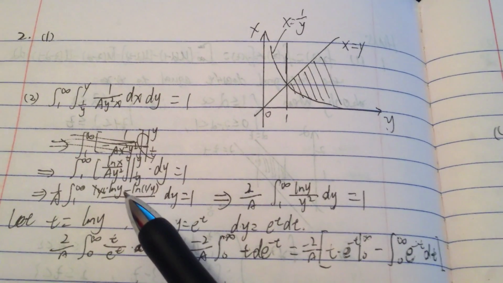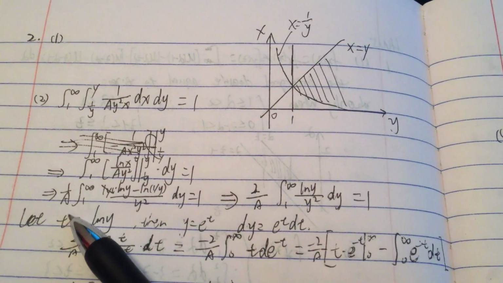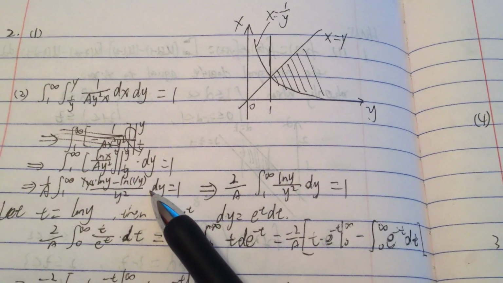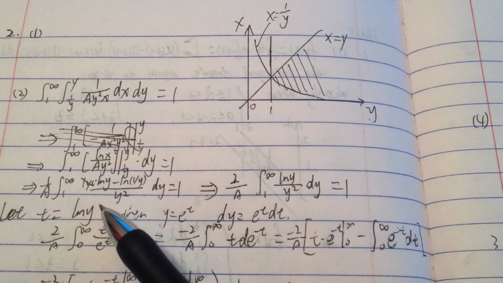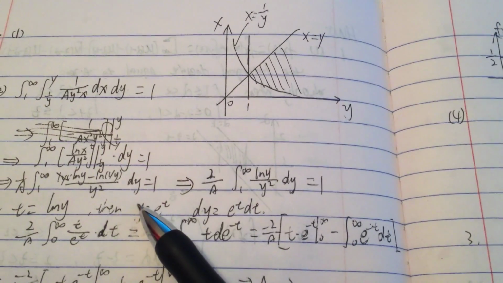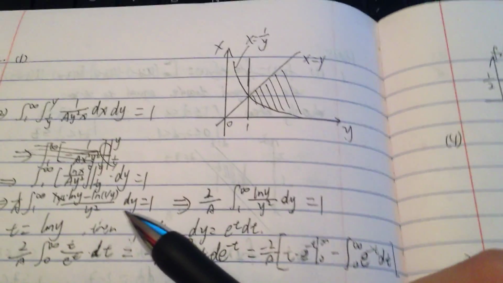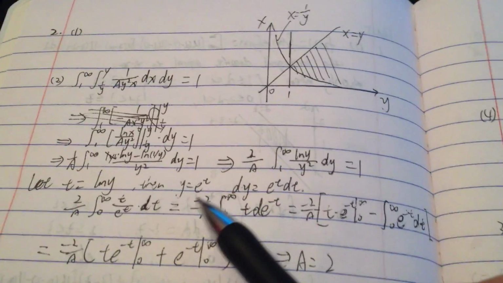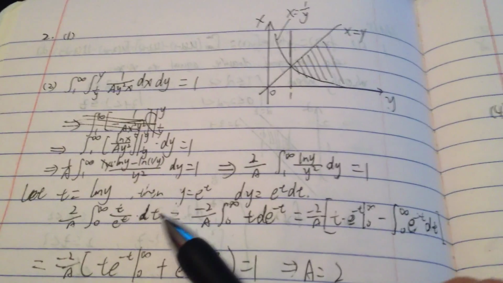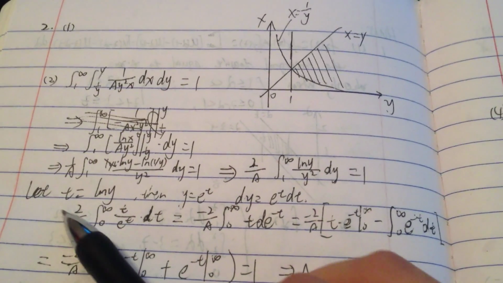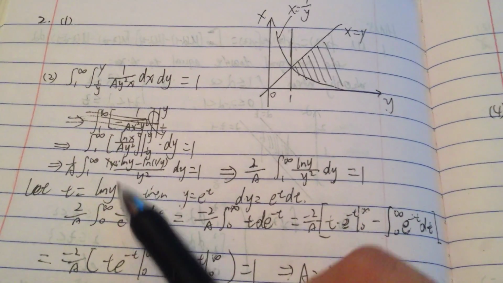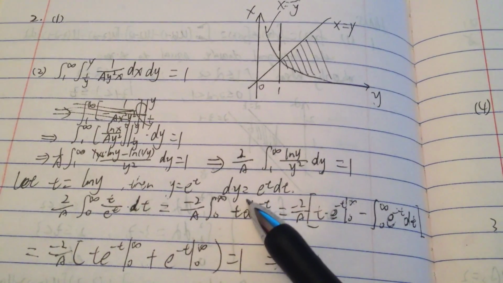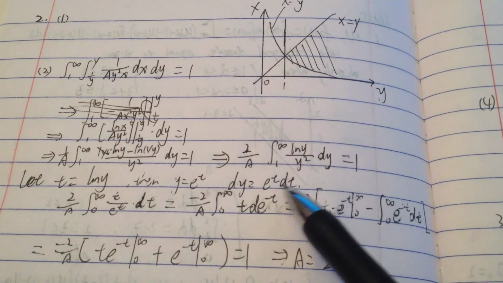And we should factor out the 1 over a as a constant. And this item times dy, and we integrate it from 1 to infinity, and we make the outcome equal 1. And it's like this. And finally, we should use a simple substitution. Let t equal ln y. Then y equals e to the t, and dy equals e to the t times dt.